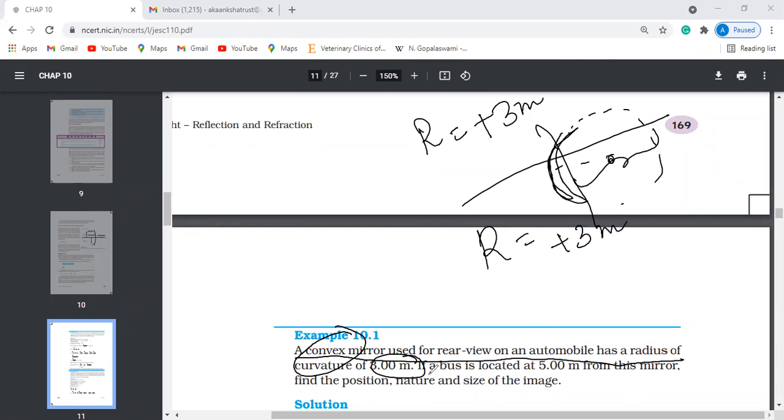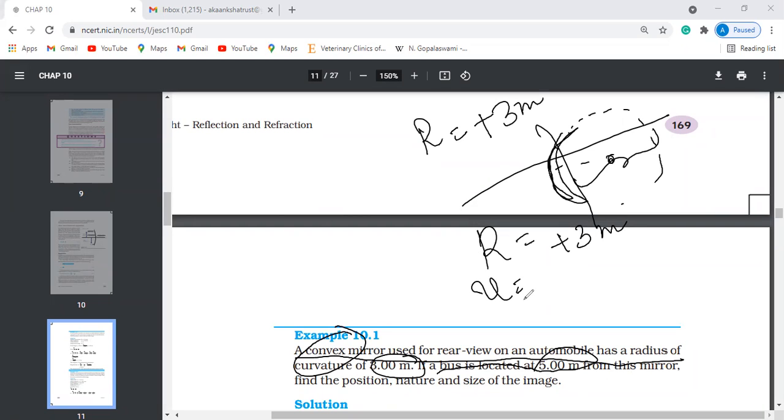If a bus is located at 5 meter, then what is this, whether it's object distance or image distance? It's an object distance u.